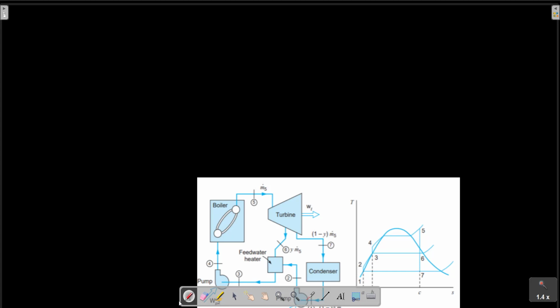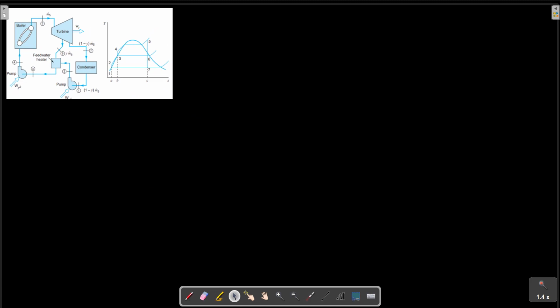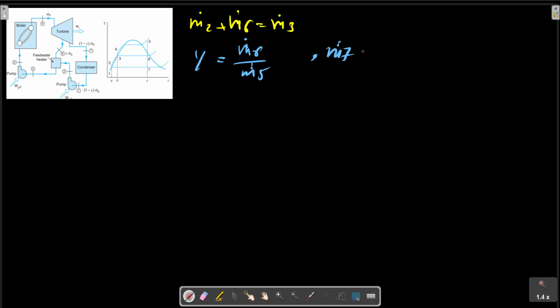Okay, now we have this relation for the feed water heater and the system: m dot 2 plus m dot 6 equals m dot 3, where y equals m dot 6 over m dot 5, and m dot 7 equals m dot 5 minus m dot 6, which is m dot 1.